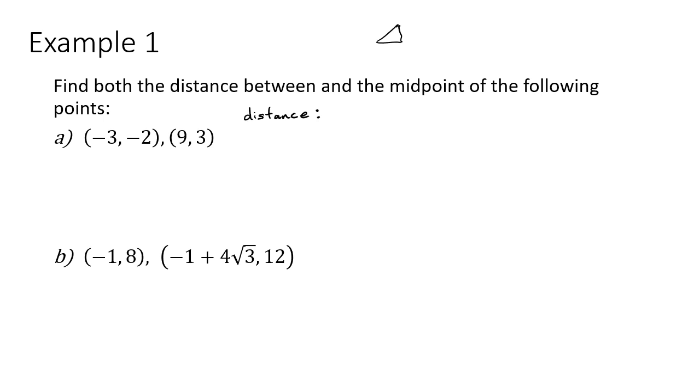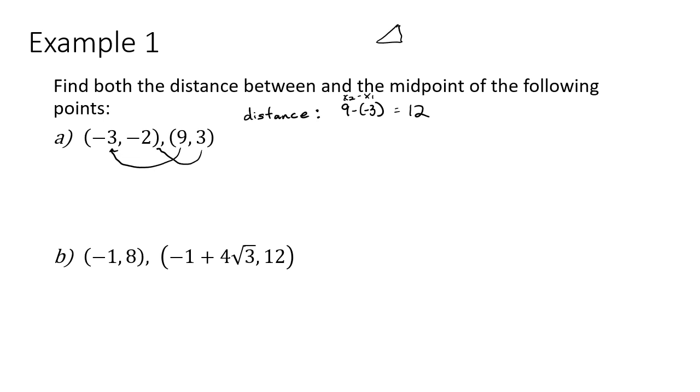So I'm going to start by finding the distance between the x values. That would be from -3 to 9. You can always just subtract to find the distance. So if I do x2 minus x1, 9 minus a -3 would turn into 9 plus 3. So that's the distance of 12 between the two.